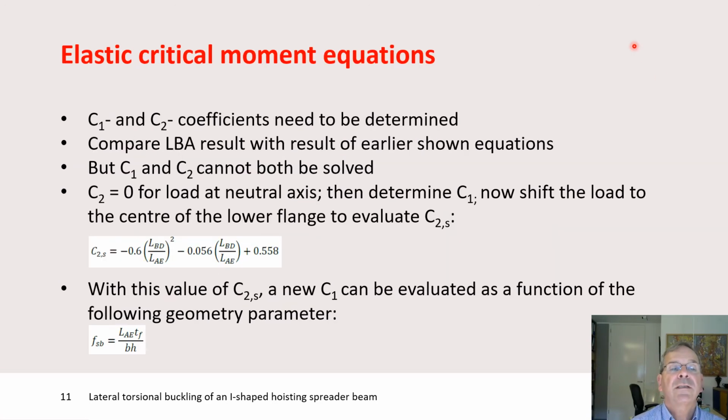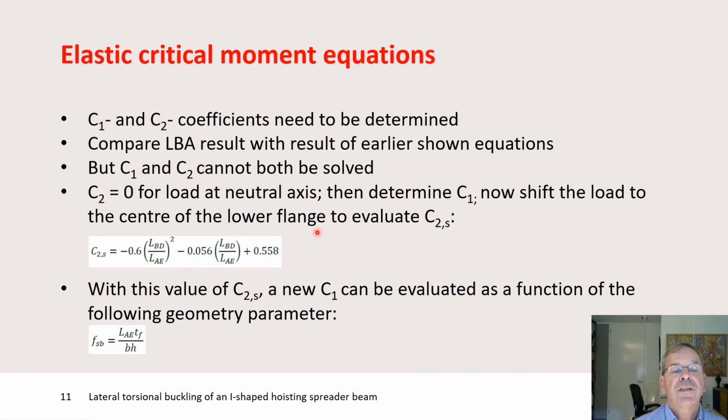First, we looked at elastic critical moment equations, and as said before, this comes down to evaluating the C1 and C2 coefficients, which can be obtained by comparing the LBA results with the results of the equations earlier shown. But C1 and C2 cannot be solved at the same time.